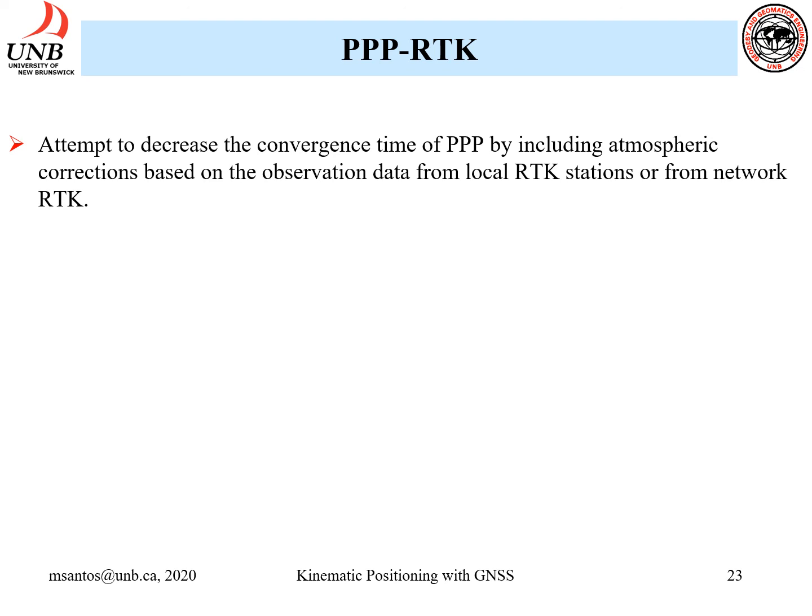So there is actually some commercial software and commercial solutions that offer what is known as PPP-RTK, which is nothing else than an attempt to decrease the convergence time of PPP by including atmospheric corrections based on observation data from local RTK or from network RTK. So the idea here is to have fast convergence and then rely the rest on just the PPP solution.